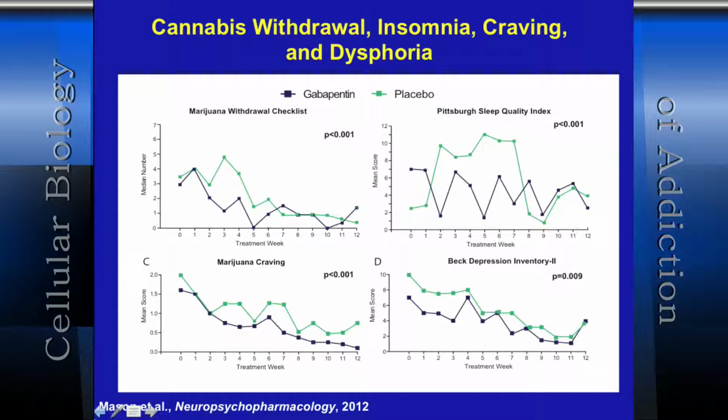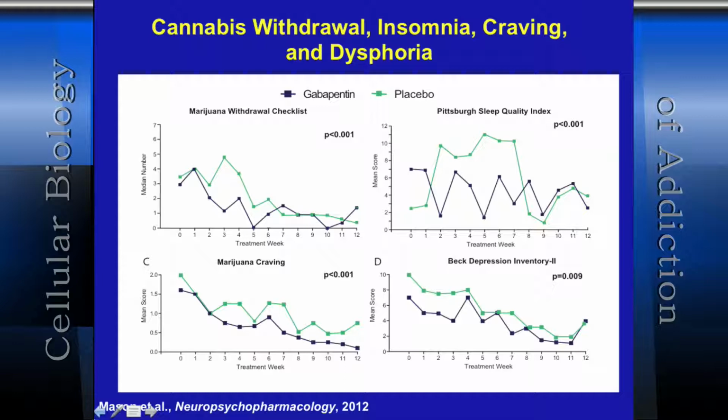And this is from baseline to week 4 improvement on the executive function tasks. The blue lines show improvement with gabapentin. The green lines show that the placebo either stayed the same or in some cases worsened on the various tasks.